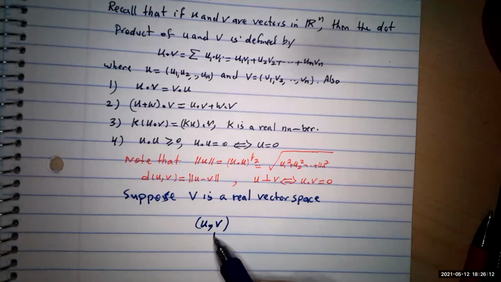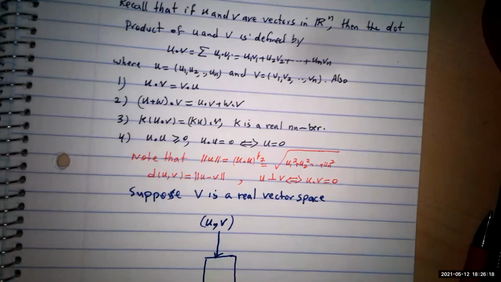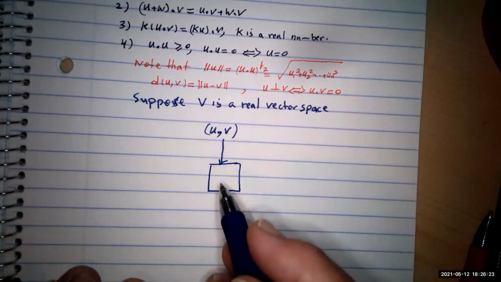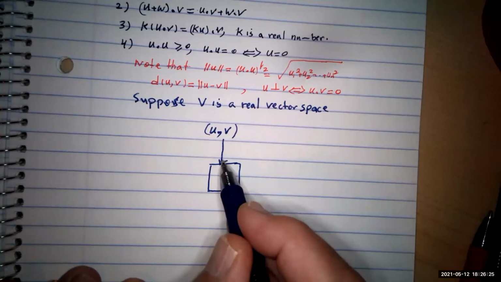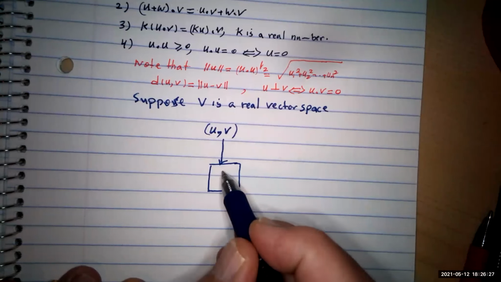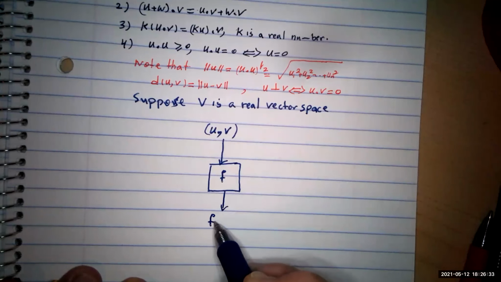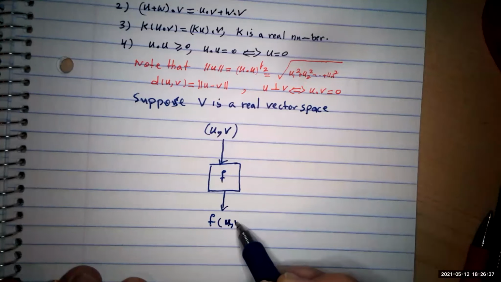So I would like to drop it into a function. This is the function that I'm going to introduce. It doesn't matter what I call it, I'm going to change it in a minute, so I'm going to call this function f. The result is going to be f of u and v that I pick over here.